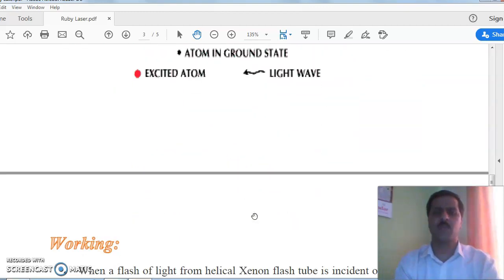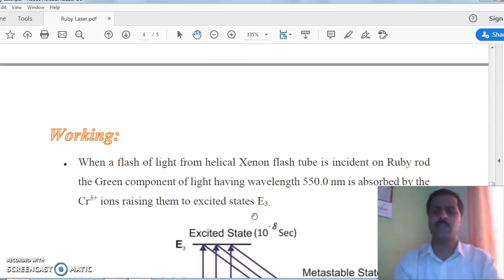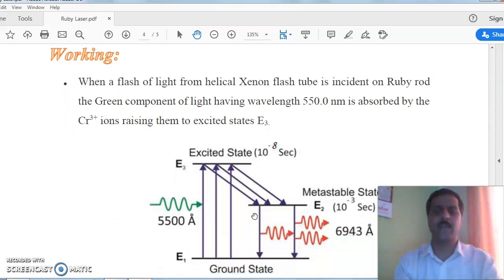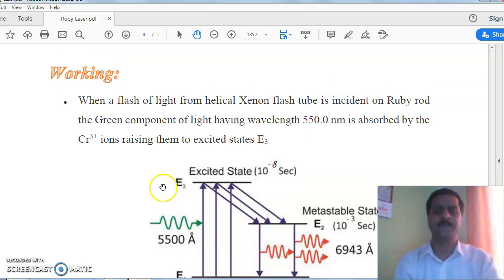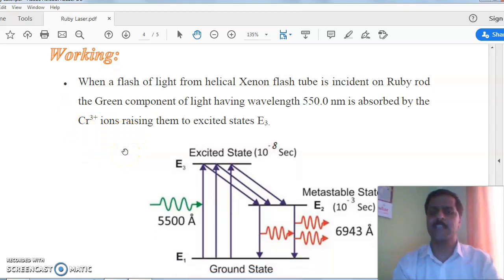Now come to the working with the help of the energy level diagram. When a flash of light from the helical xenon flash tube is incident on the ruby rod, the green component of light having wavelength 550.0 nanometer is absorbed by the chromium ions, raising them to excited state E3.